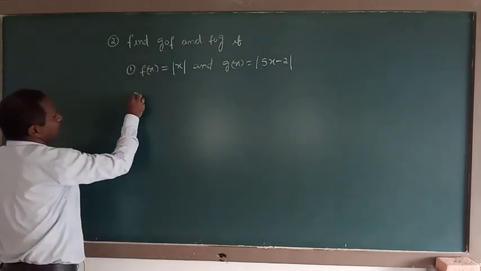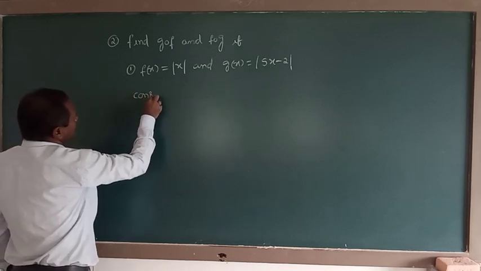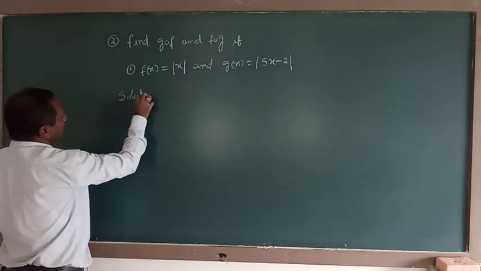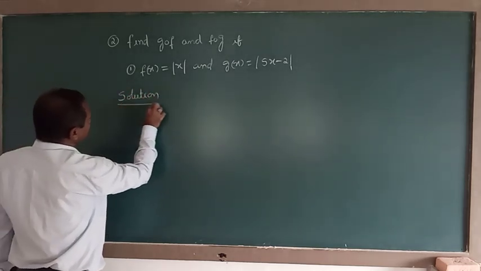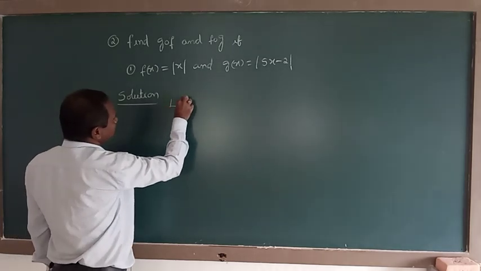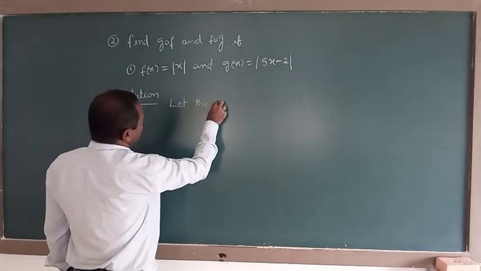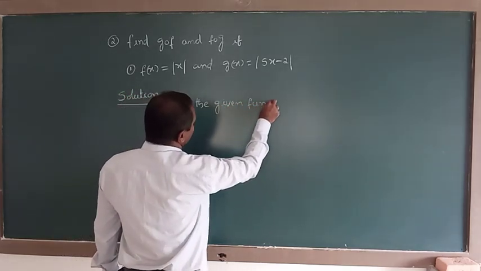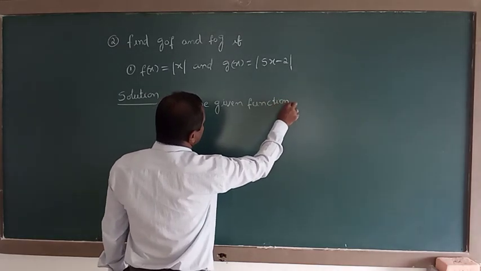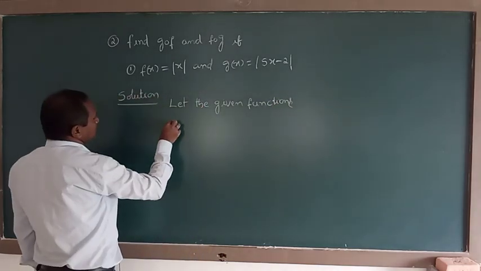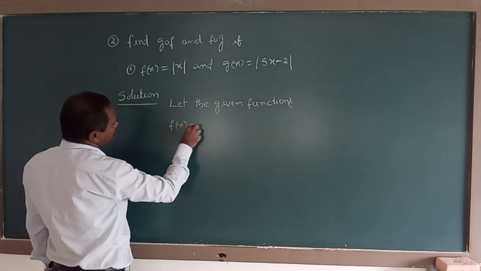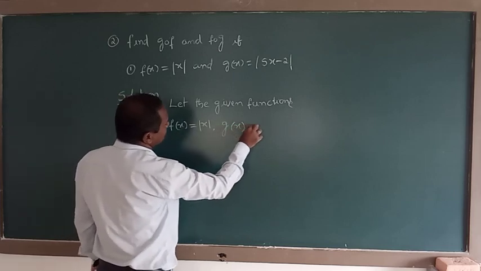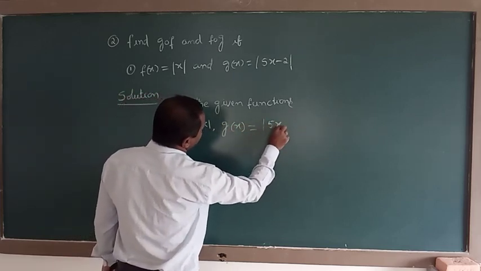Consider first g circle f of x. First question. Solution for this question: first we should write the solution. Let the given functions f of x is equal to modulus of x, g of x is equal to modulus of 5x minus 2.